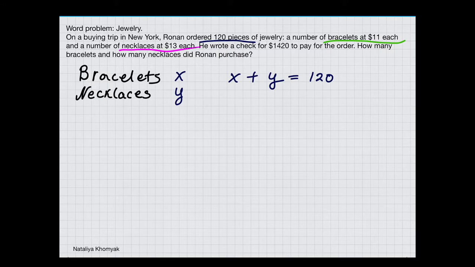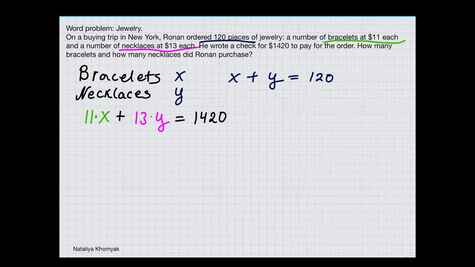If we take number of bracelets, which is X, and multiply them by 11, this will calculate how much he paid for all of the bracelets, and we add to that 13 times Y, which calculates the price for all of the necklaces. Altogether, this adds up to 1420, which is the total price of the purchase.